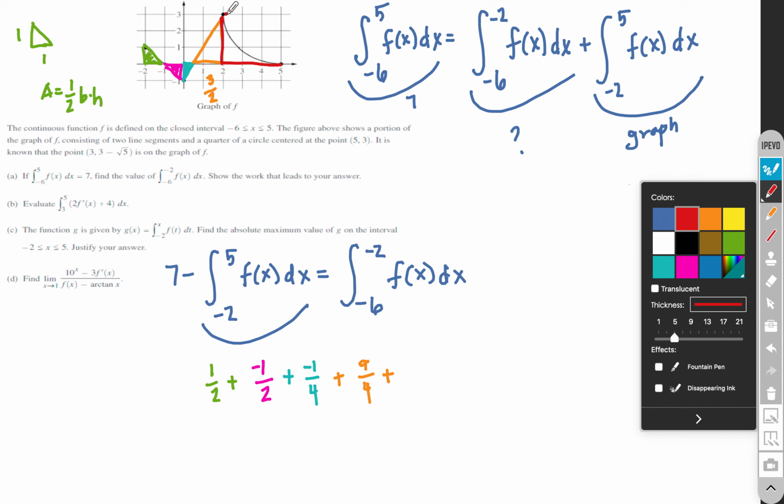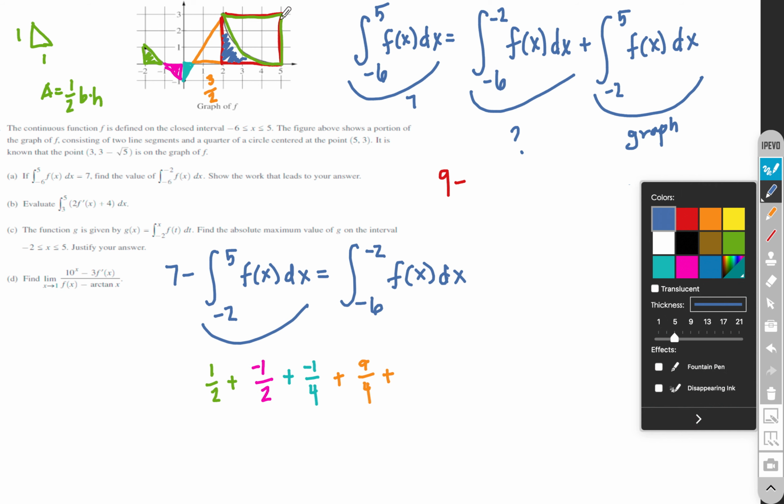So the way that I want to do this is to find the area of this square, which is a 3 by 3 square. So the area of that red square is 9. And I want to subtract off the area of a fourth of this circle, and then that will give me the area of the piece underneath that fourth of a circle.